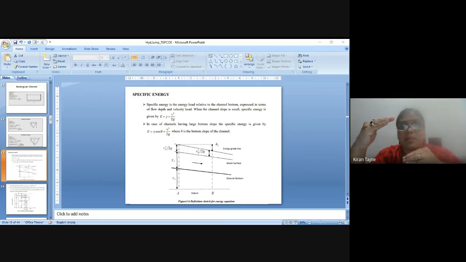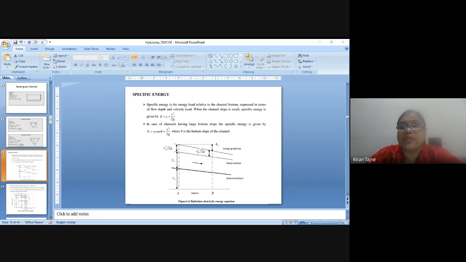And then above that there is the energy gradient line, which is parallel to the water surface, and that distance is known as kinetic head. It is actually v square by 2g. Okay. So it is in terms of meter. Energy is in terms of meter or head.